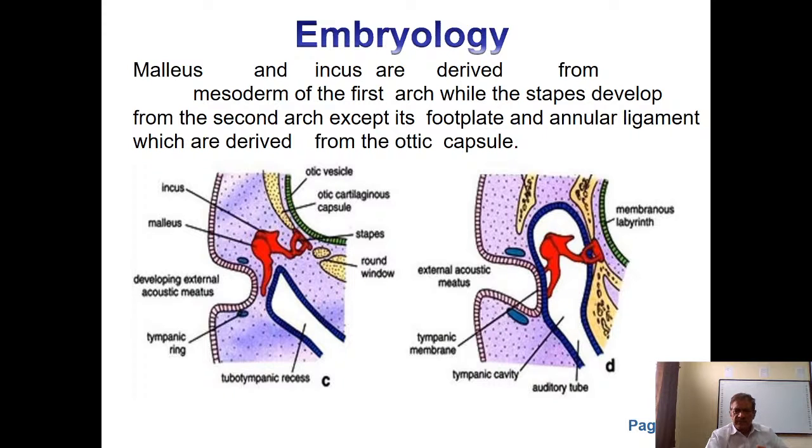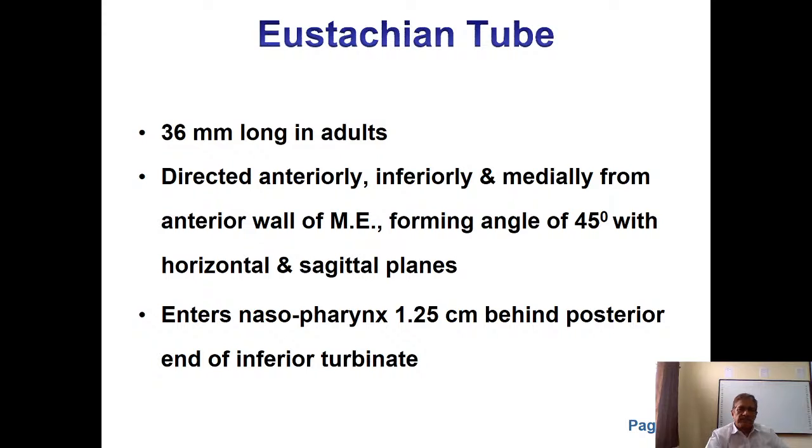So that is in brief about the embryology. Now we come to the Eustachian tube. As we know, the Eustachian tube is the tube which connects the nasopharynx with the middle ear cavity. And in adults, this is about 36 millimeters long, and it has got two components. One is the bony part and the other is the cartilaginous part.